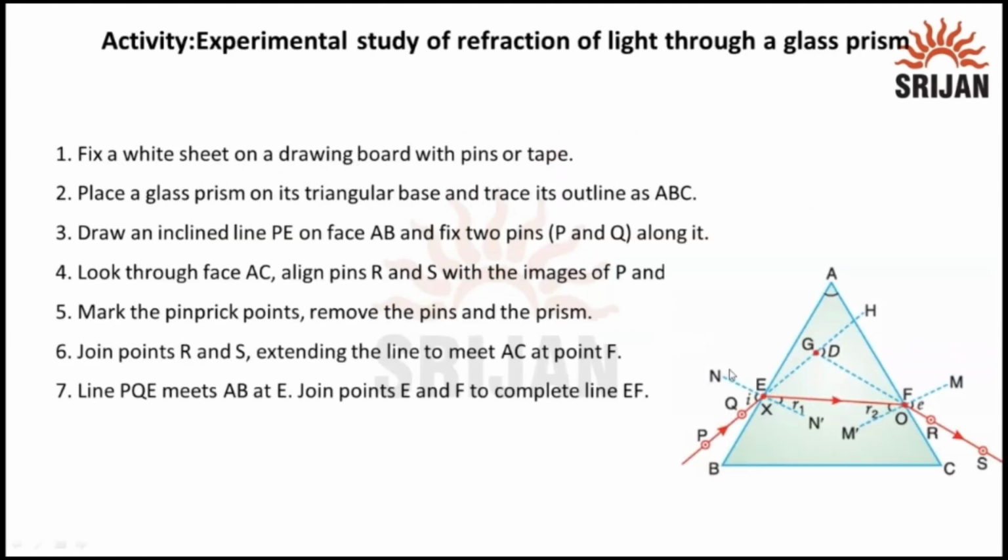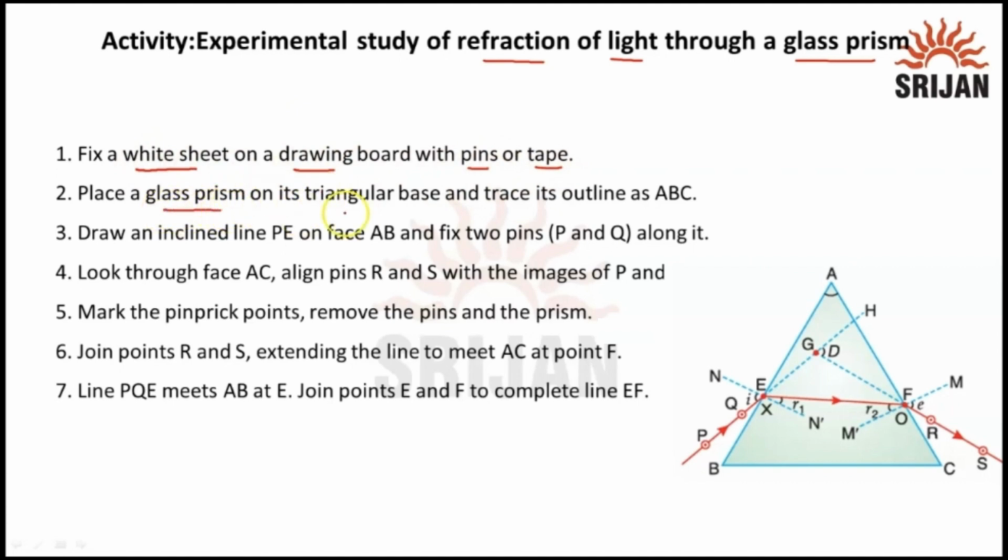Okay, now let's understand how light refracts through the prism. This is the experimental study of refraction of light through the glass prism. See, this is the principal section of the prism that we studied in the previous slide. In order to understand the refraction of light through this prism, fix a white sheet on the drawing board with pins or tape.